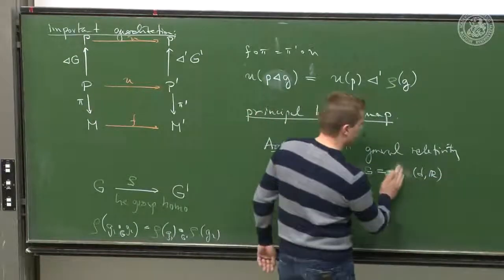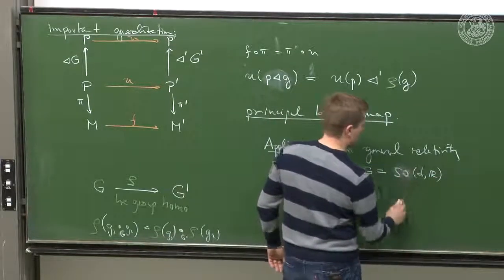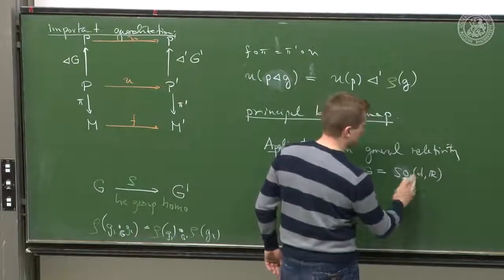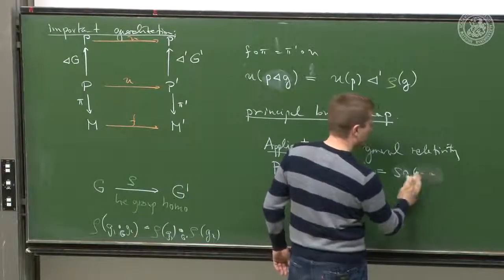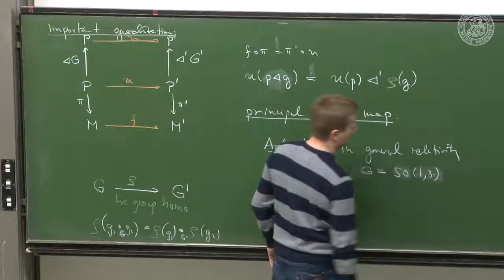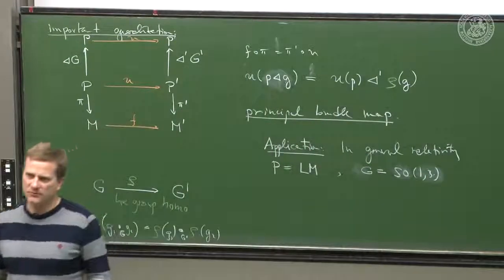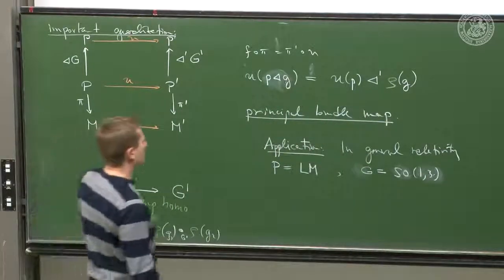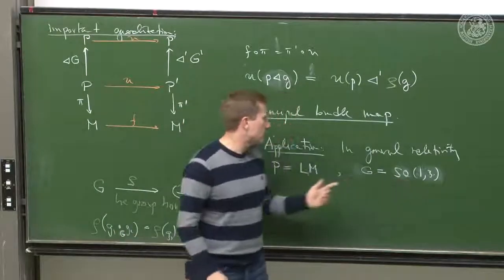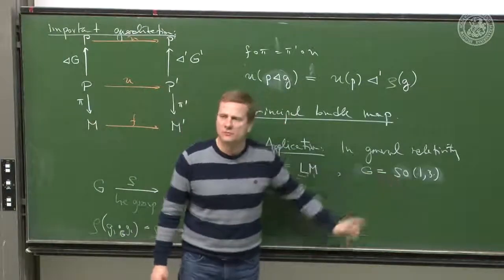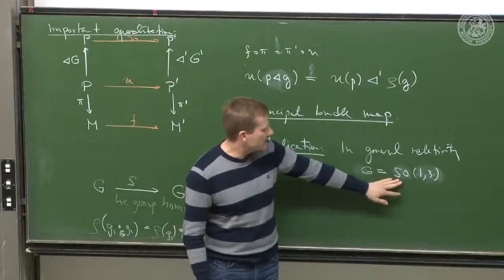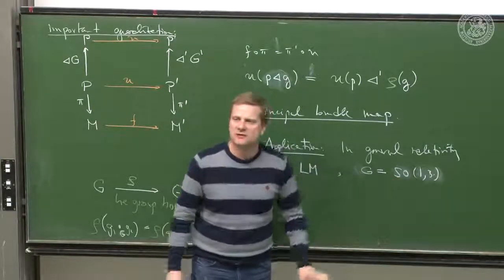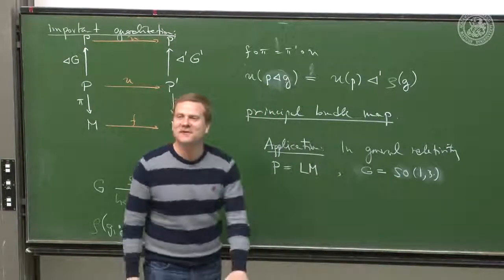Aha, but then if you have a metric, you can actually look at SO(d), and very often we'd look at SO(1,3). So this is the Lorentz group. Okay, so we would restrict our group to the Lorentz group, and that actually is equivalent to the introduction of a metric down there.